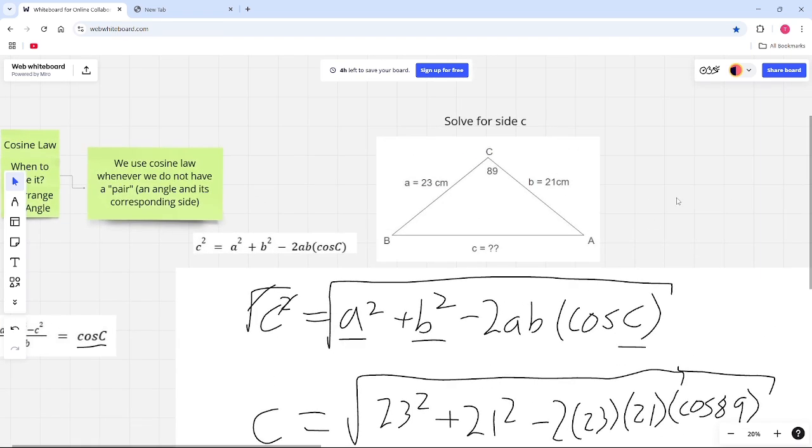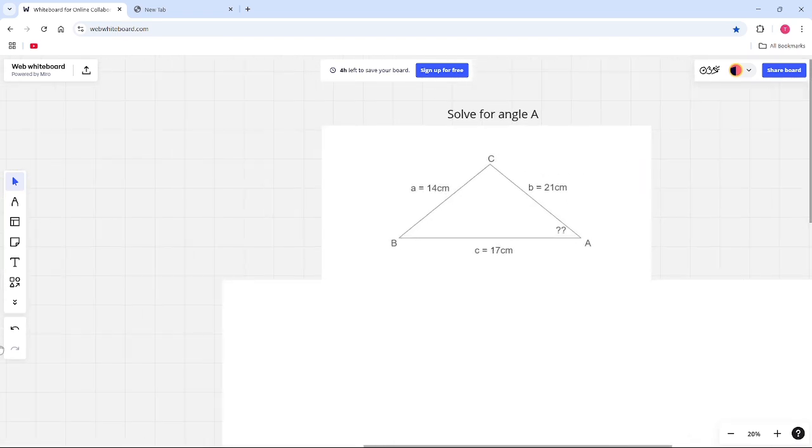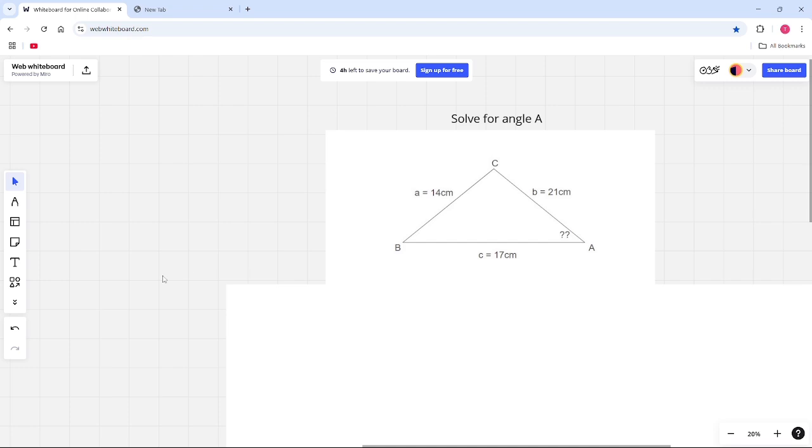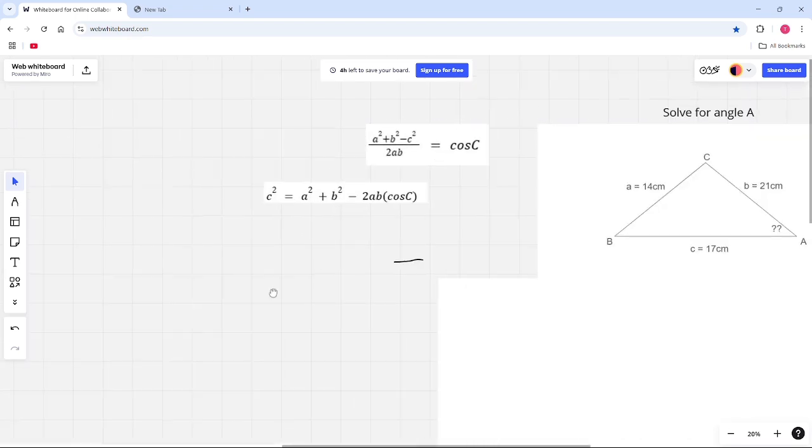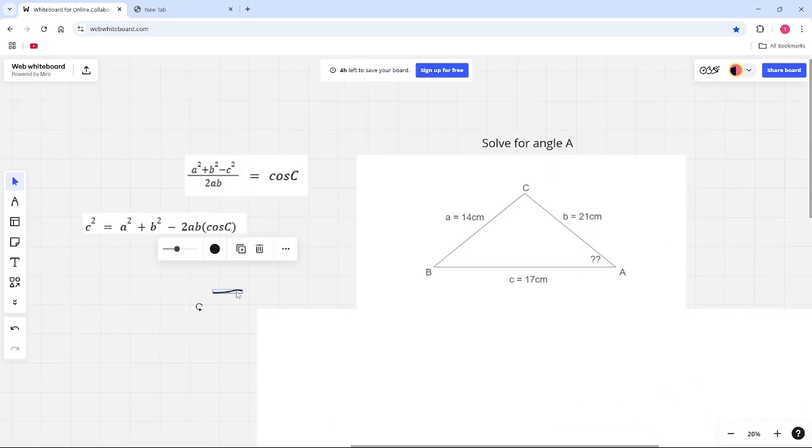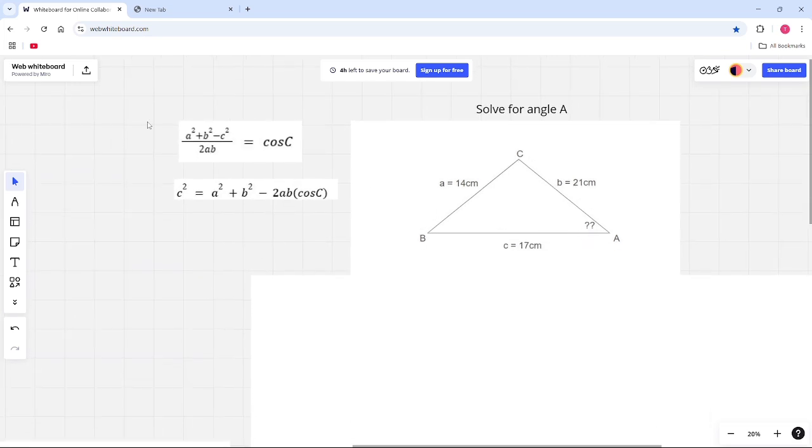Now let's take a look at this question over here. Because we are solving for a missing angle and we do not have any pairs, we cannot use sine law. So we would have to use cosine law. Now we can't simply just plug in all of the numbers into this equation.